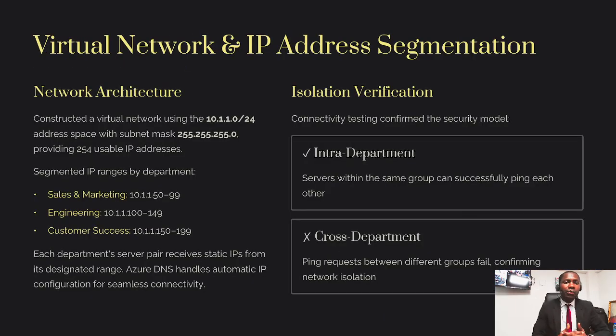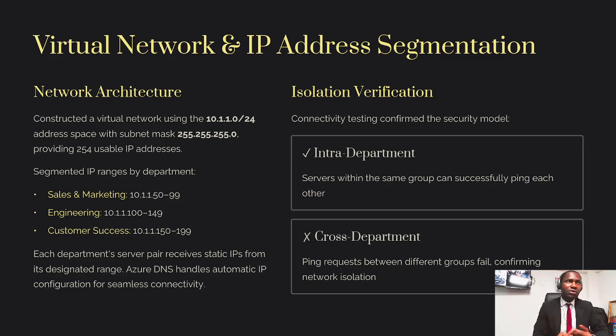Next, we dive into the virtual network and IP address segmentation. The network architecture constructed a virtual network using the 10.1.1.0/24 address space with subnet mask 255.255.255.0, providing 254 usable IP addresses. We segmented the IP range by department.